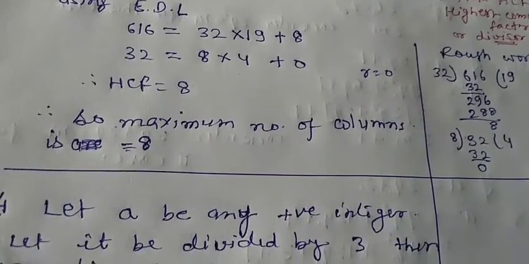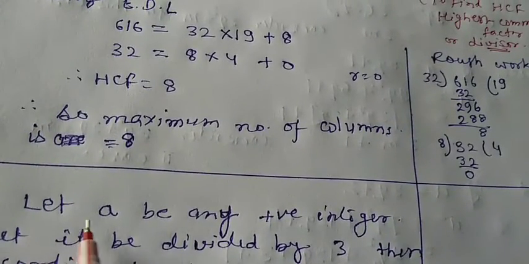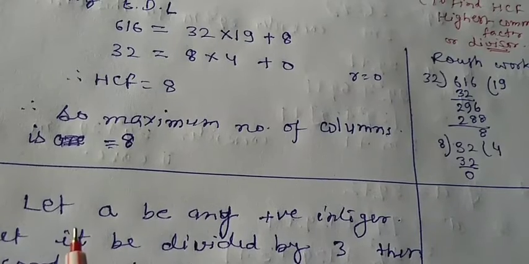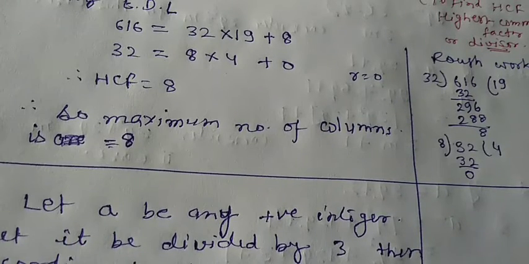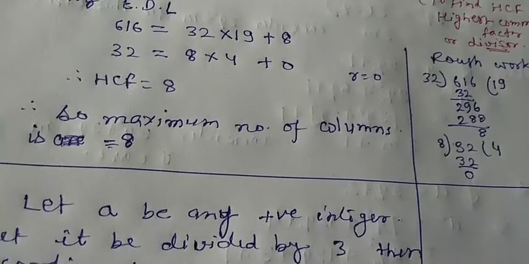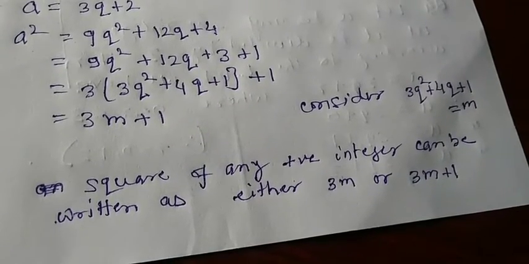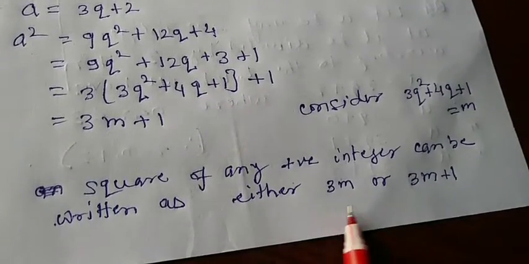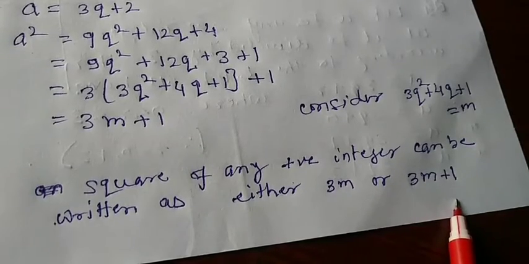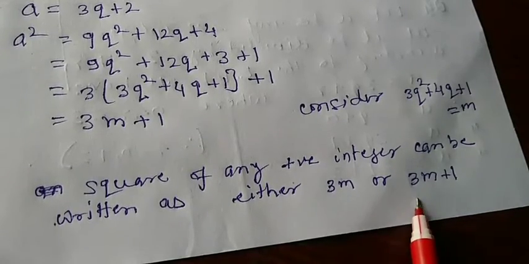Now question number 4. In question number 4 there is any positive number, and if we square it, we can write the square as 3m or 3m plus 1. Let us see how it is possible.